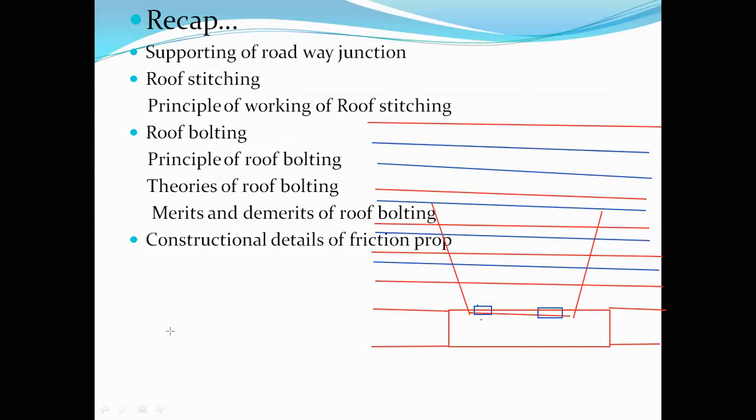There are different layers of the strata, and suppose these top layers are strong, and the layers present immediately above the opening are weak. So these layers can be joined, combined like this, or grouted, or suspended to the upper layers by means of roof bolting. This theory is called suspension theory.